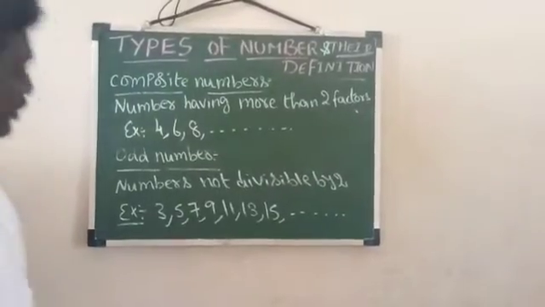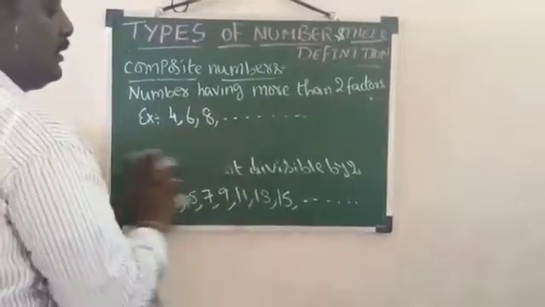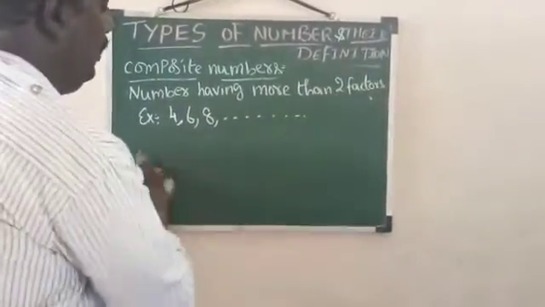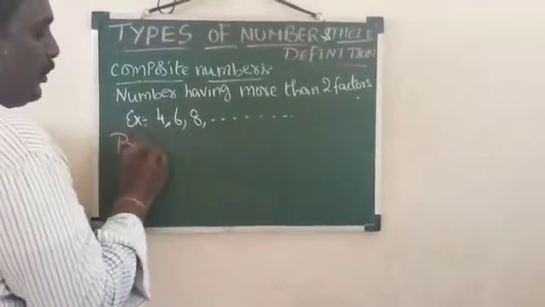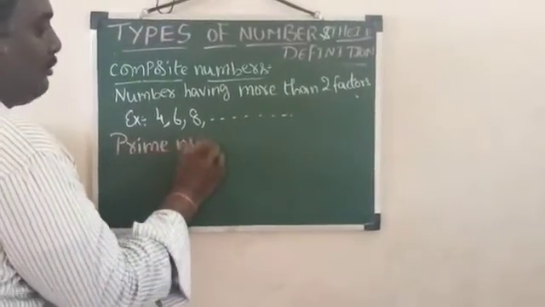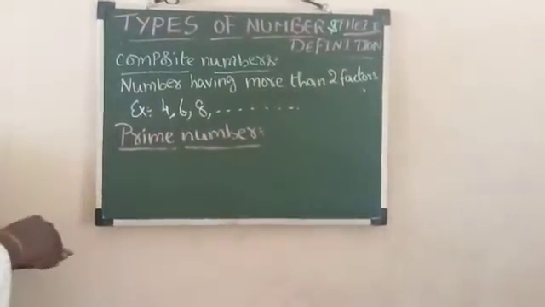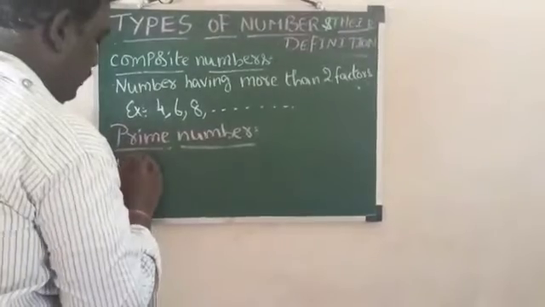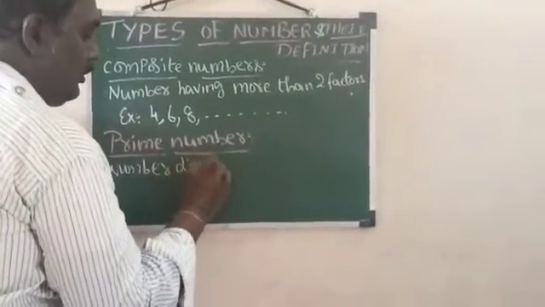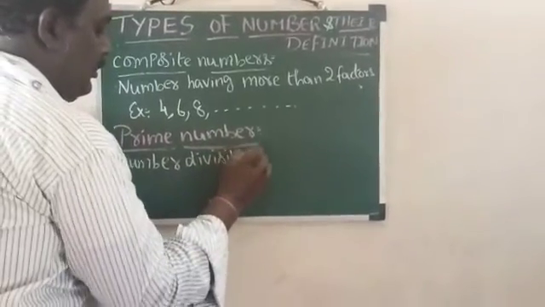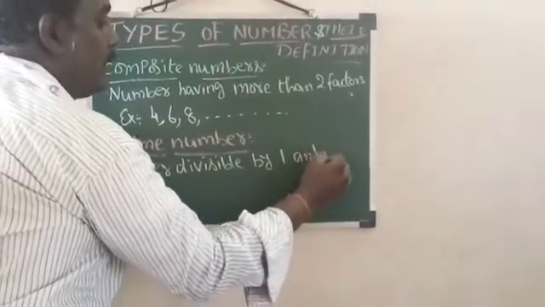Okay. Next, after composite numbers, again a very important number which we have to learn, is none other than the prime number. What is a prime number? A number divisible by 1 and itself.